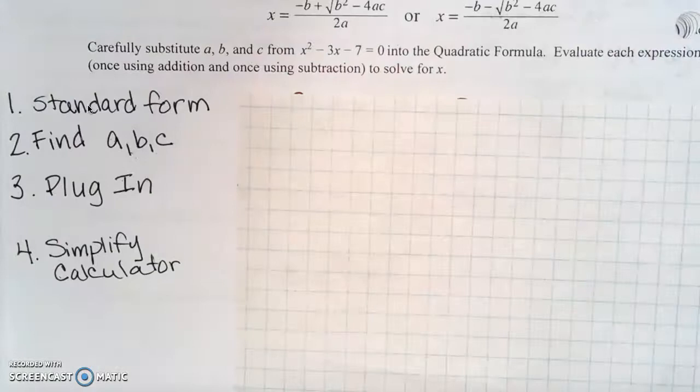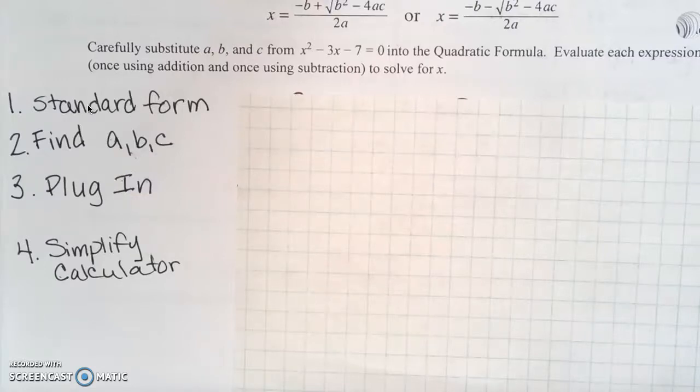On the left-hand side, you're going to write down the 4 steps. First, you need to make sure that your equation is in standard form. This one already is, so it's already done for us. But if it's not, that's the first thing that you would do. Second, you're going to find what the a is, what the b is, and what the c is. Okay?